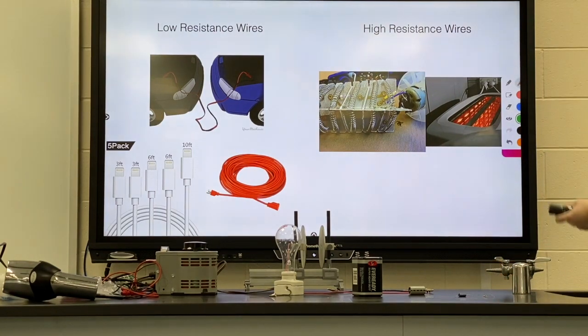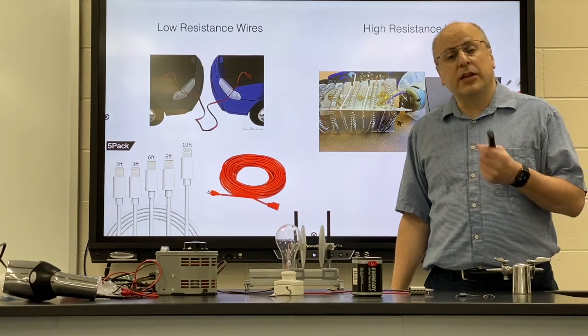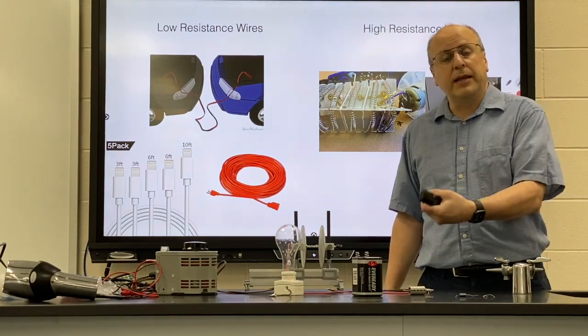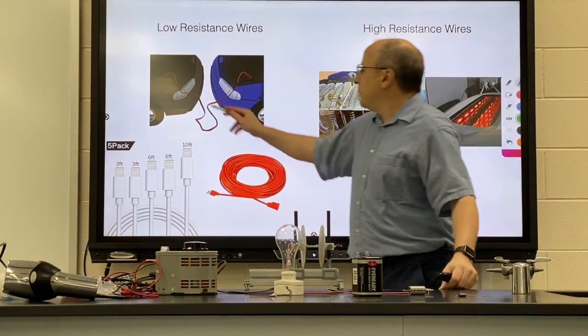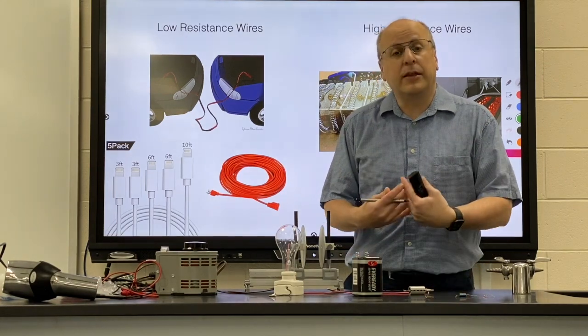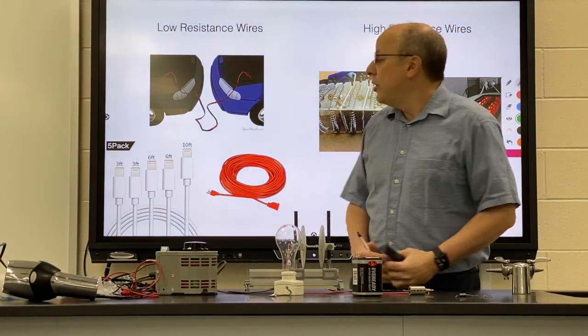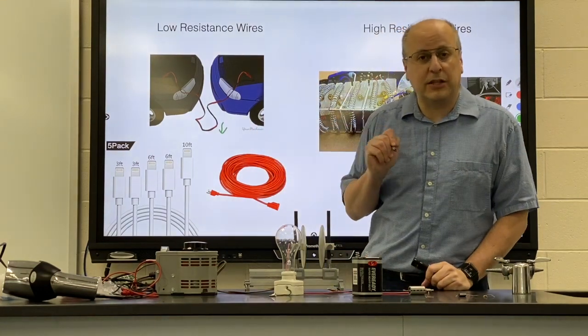I want you to realize that there are some cases where you want to have small resistance, and there are other times where you'd like to have a moderately high resistance. So if your wires are trying to bring as much electricity as possible from one place to another, like you're trying to jump your car battery, you want these things to have the lowest possible resistance that you can.